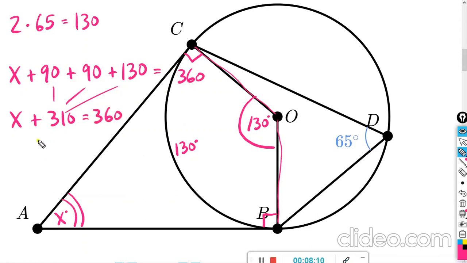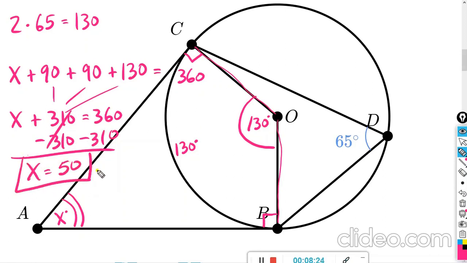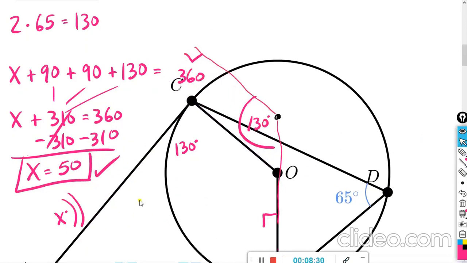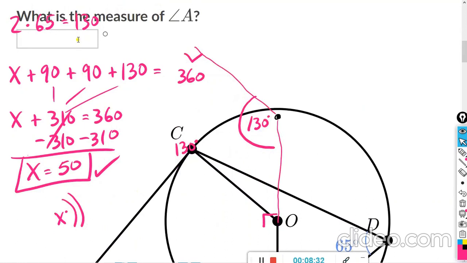Subtracting 310 from both sides, the 310s cancel, and X is 360 minus 310, that's just 50. Final answer. So click inside the box and just type 50.